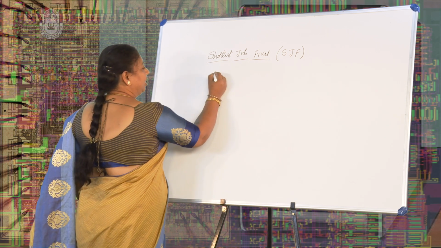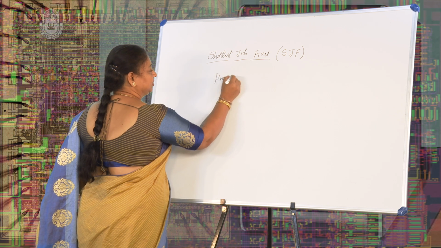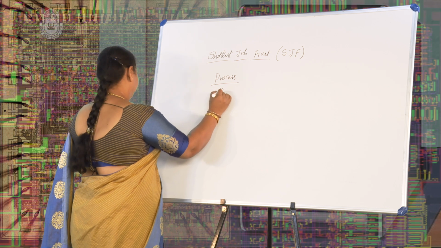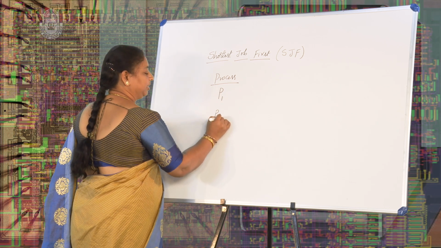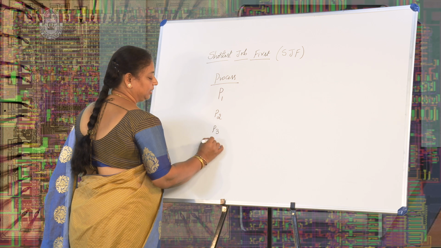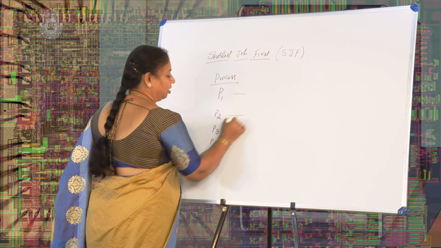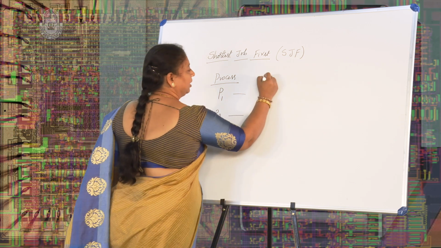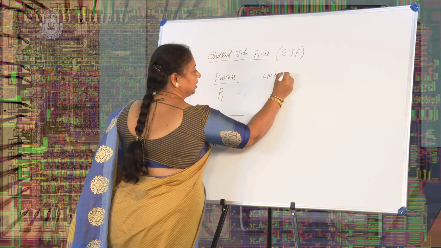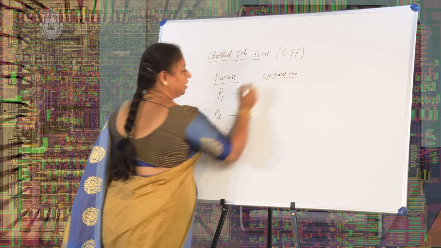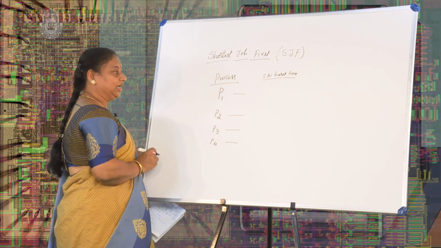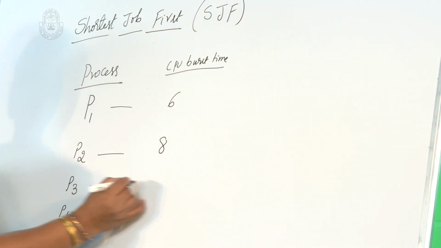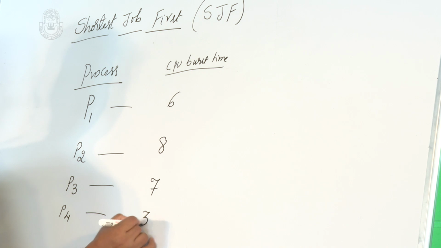Now let us learn an example for shortest job first, SJF CPU scheduling algorithm. So here assume that the processes, for our example we have taken 4, P1, P2, P3, P4, all have entered at the same time to the system, and the CPU burst time required by each process is, let us say, 6, 8, 7, 3.